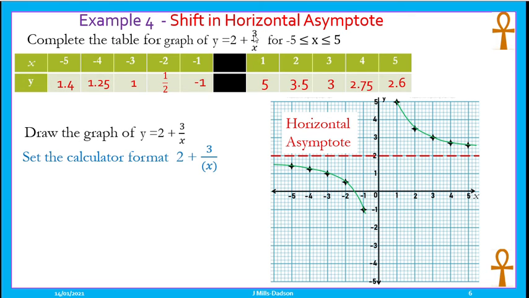Because the typical 3 over x graph will be asymptotic to the x-axis, and because we are adding 2, we are shifting the asymptote 2 units up. And remember, that's the reason why there is a shift in the horizontal asymptote, but the vertical asymptote is still the same. In our next example, we'll see what will cause a shift in the vertical asymptote.